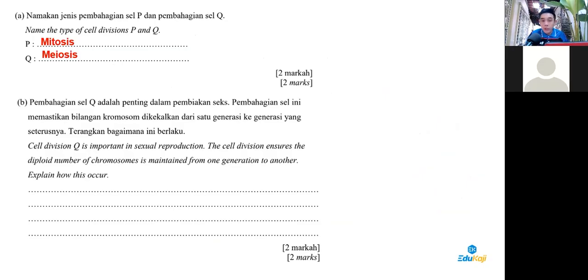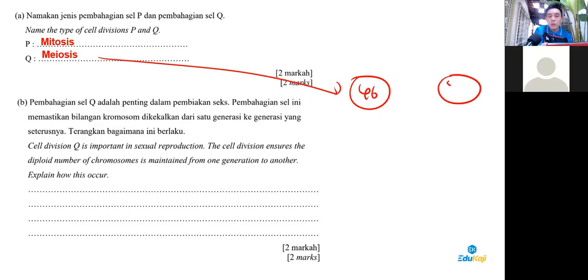Now, cell division Q is important for sexual reproduction. Okay, why is Q important? This is something that many students don't quite get. Guys, you see, let's say we have 46 chromosomes.